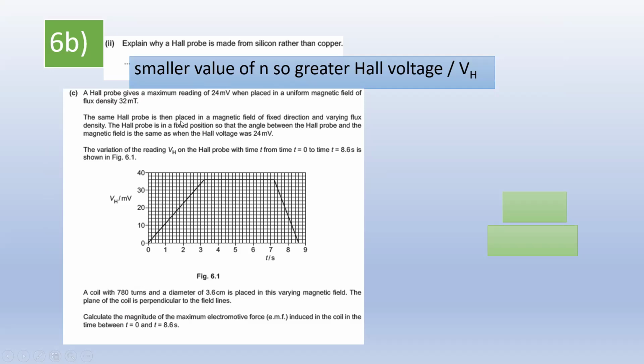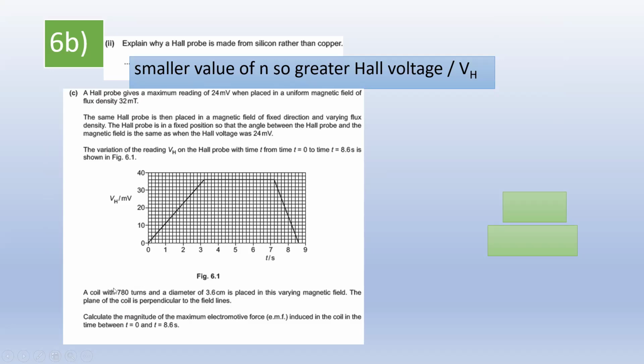The same Hall probe is then placed in a magnetic field of fixed direction but varying flux density. The Hall probe is in a fixed position so that the angle between the Hall probe and the magnetic field is the same as when the Hall voltage is 24 millivolt. The variation of Hall voltage on the probe with time t equals 0 to t equals 8.6 s is shown in the figure.